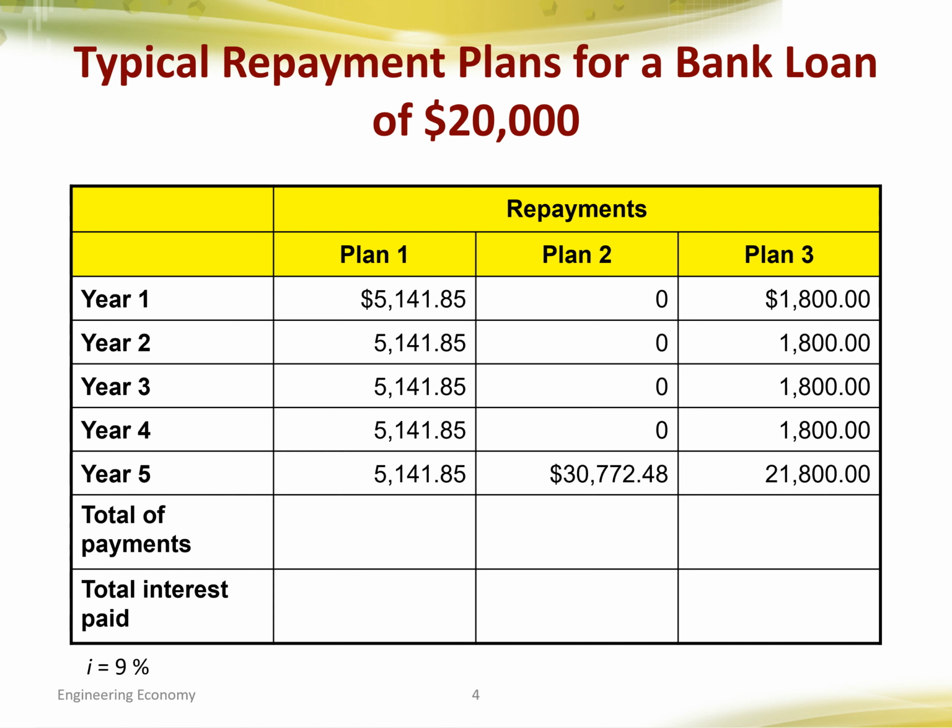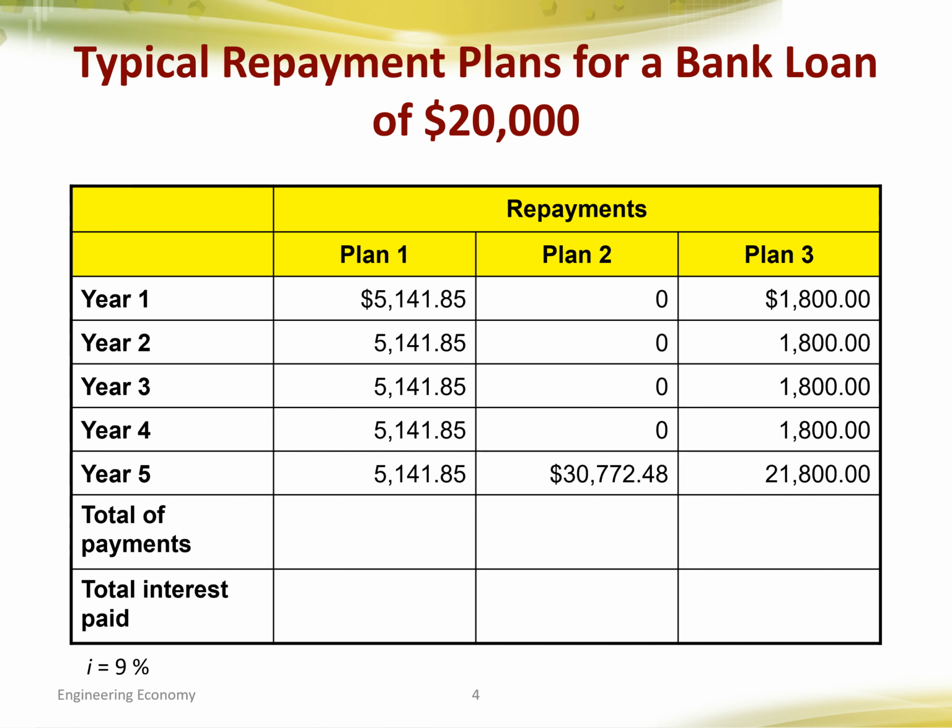Here we can take an example. If we are considering an interest rate of 9% over a 5 year period, we have three different kinds of payments. In Plan 1, you can see that we are paying 5 equal payments. Each one is a little bit more than 5,000.